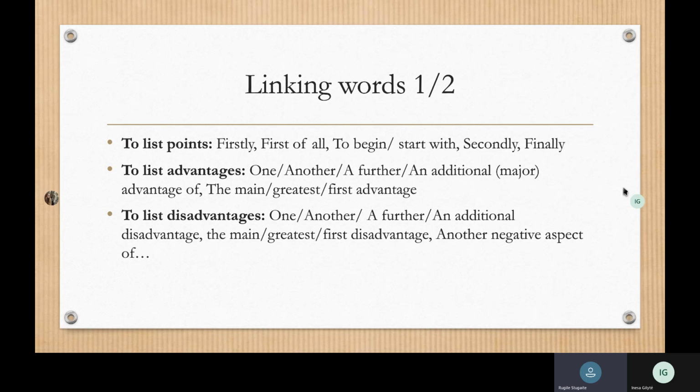Also, the main advantage is, the greatest advantage is, the first advantage is, the second advantage is, and so on. To list disadvantages, you can use the same, as well as an additional disadvantage, the first disadvantage, and another negative aspect.